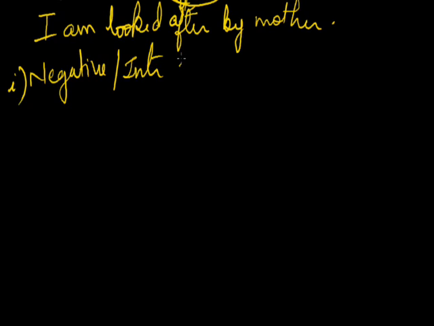"They do not play hockey" is a negative sentence. Now if you convert it into a passive sentence: "Hockey is not played by them." So we are retaining the same form, that is, a negative is again a negative in passive also. Now taking the example of an interrogative: "Will he join the club?" If I convert it into a passive sentence, it will be: "Will the club be joined by him?"